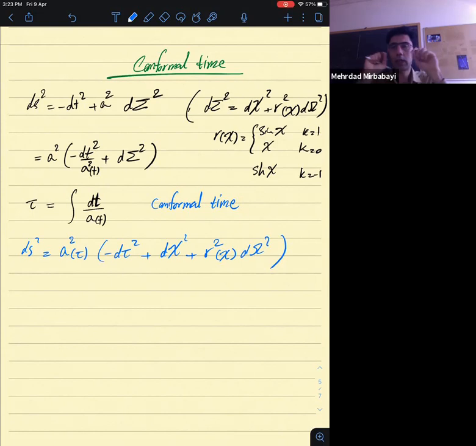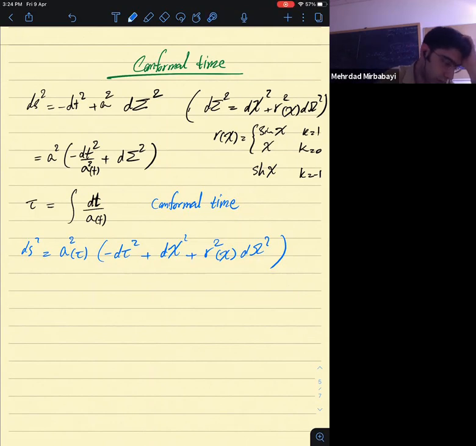So if I look at radial geodesics, so say I pick the center to be where I live, and then the radial direction would be along chi. Then radial null geodesics will move as if they are in Minkowski.